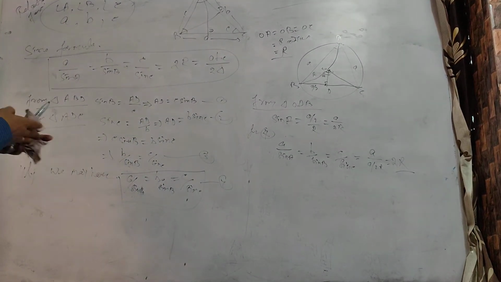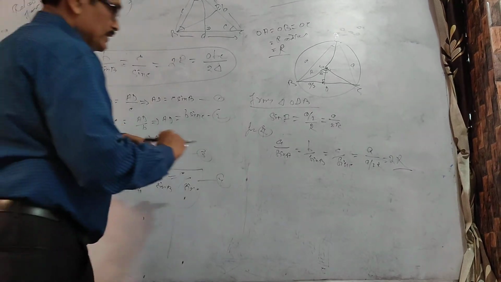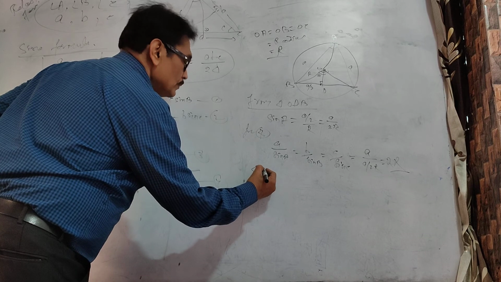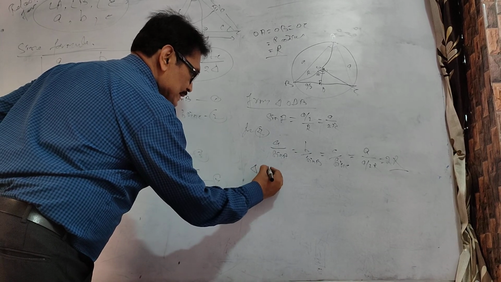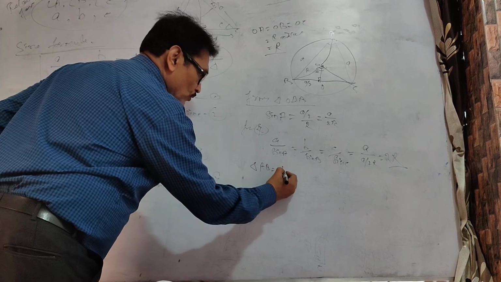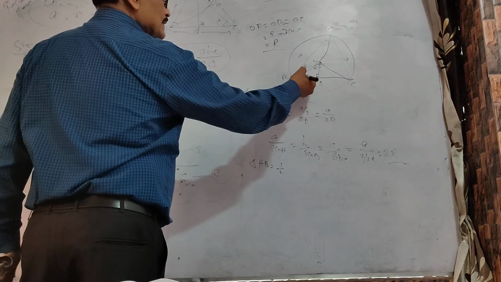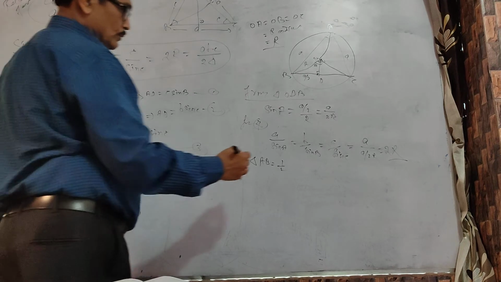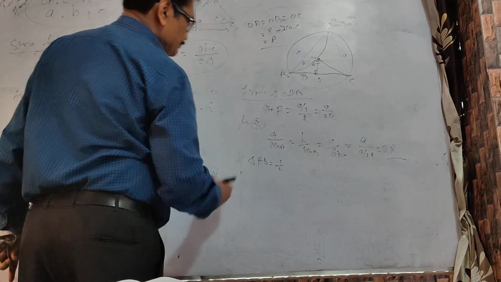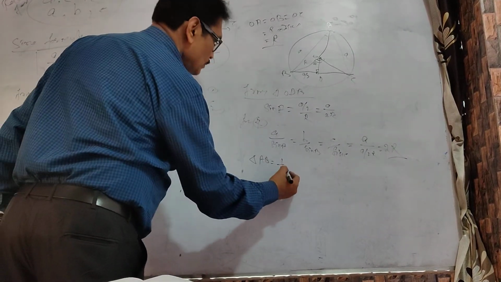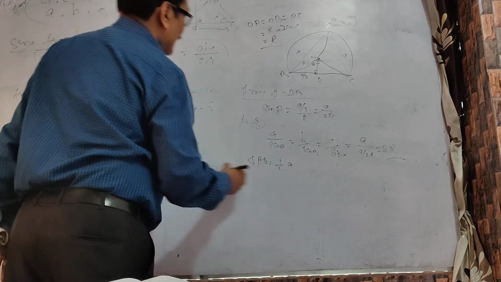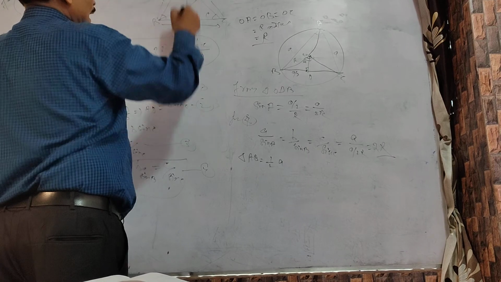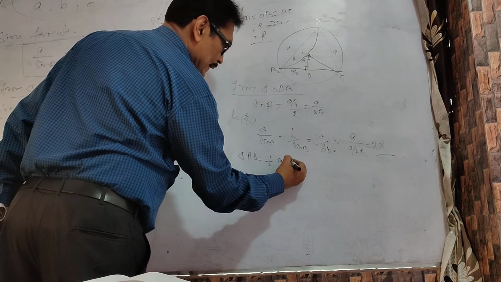Again, it is also written that the area of triangle ABC is equal to 1 by 2 base into height, base is a and height is AD.